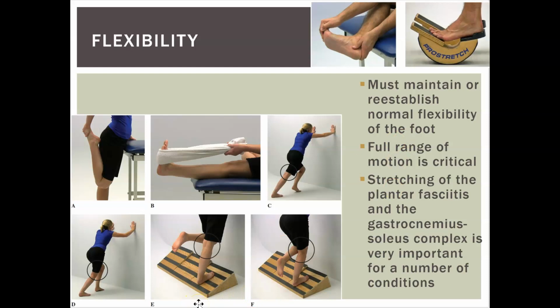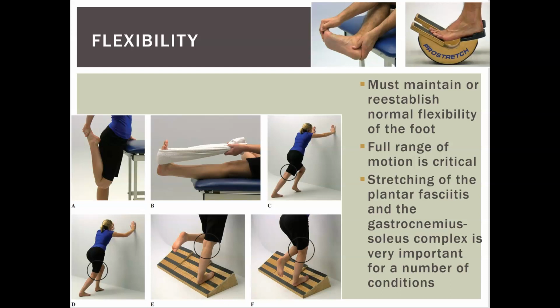The higher the angle of inclination, the more of a stretch they're going to have. Look at the difference between C and D. C has the knee straight, so that person's actually stretching their gastroc, and on D, with the knee bent, they're actually stretching their soleus. You can use a towel or anything else to be able to help work on that range of motion because it is very important.